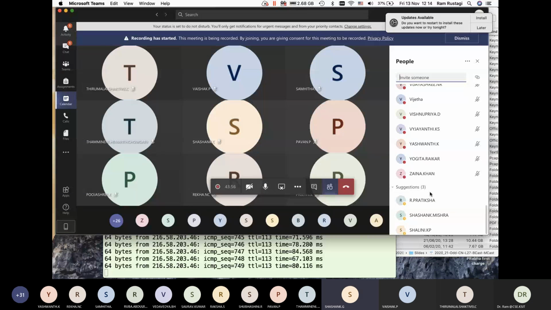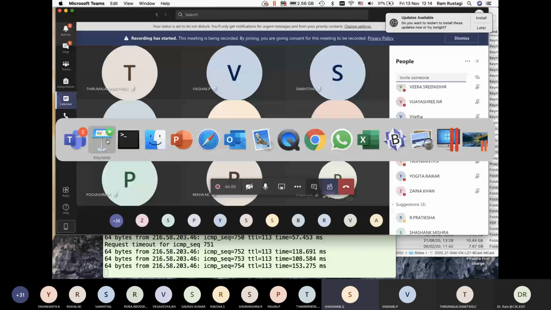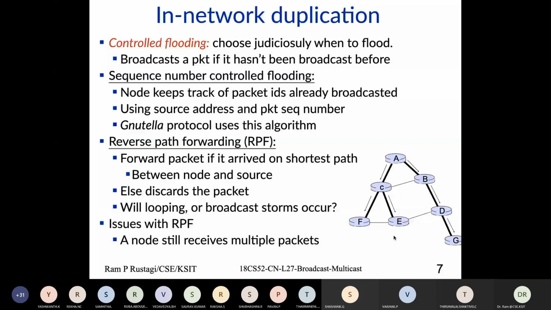Sir, 2 copies. Can you tell me why 2 copies? Sir, since it gets the shortest path from A to C, it will receive at E, and then from A to B and B to C, it will receive.